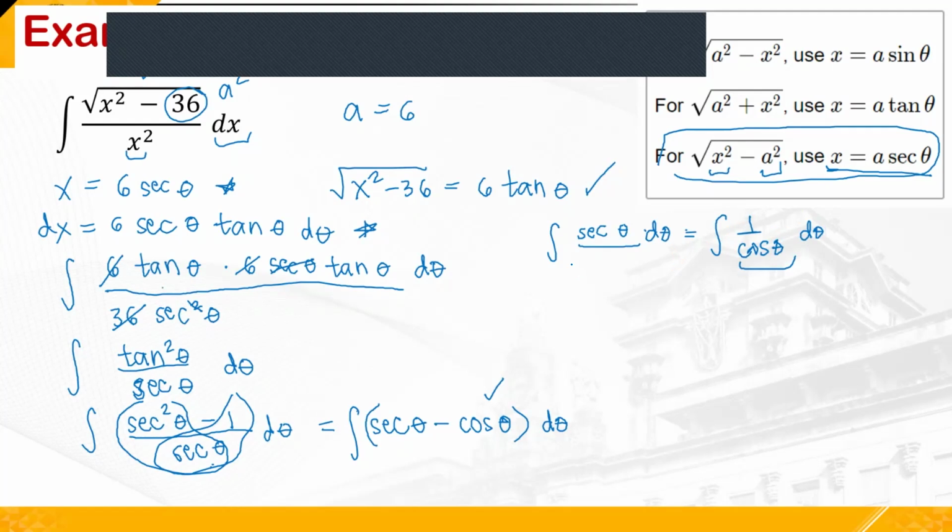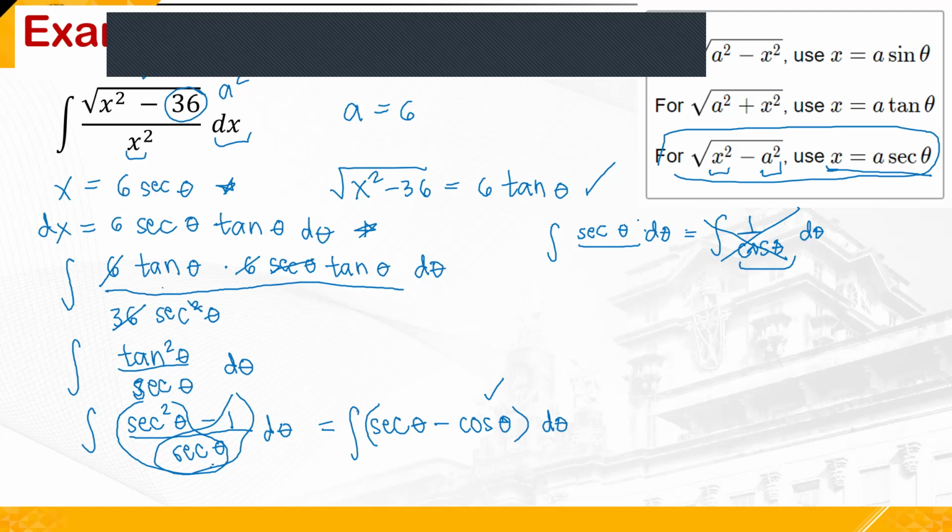Yan. So, pwede natin i-pause yung video para mag-isip muna kung paano natin siya gagawin. So, ano kaya yung ating magiging integral for secant theta? D theta. So, this one won't work. What will work for the integral of secant theta?